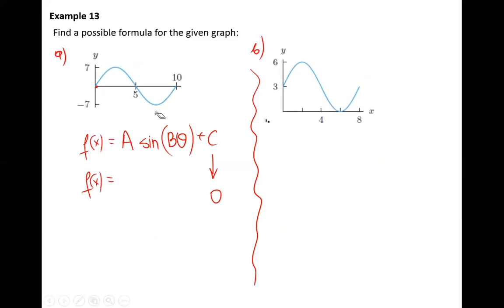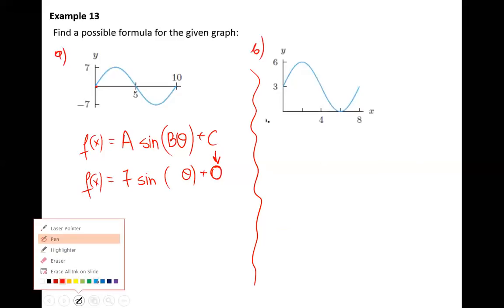The amplitude. It's 7, thank you. We can nicely see 7 and -7, this is 14, divided by 2 is 7. I'm writing theta, and this is 0 because we're not shifting.